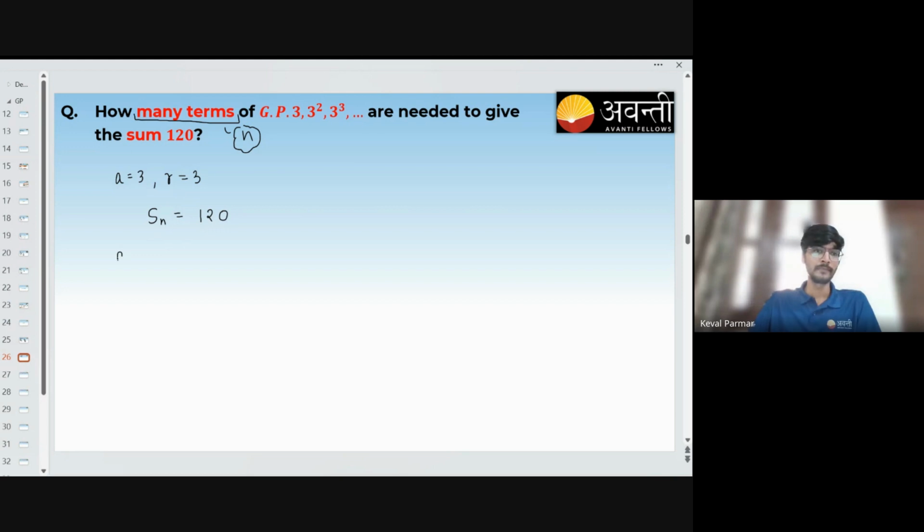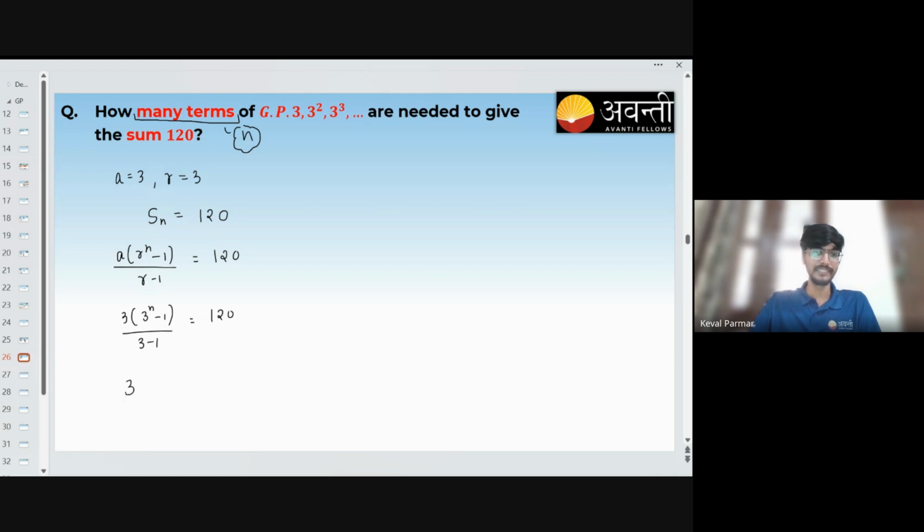What is Sn? A into R raised to the power n minus 1 upon R minus 1. You can use any formula, so I'm using the second one. It is equal to 120. Substitute the values of A and R. So 3 into 3 raised to the power n minus 1 upon 3 minus 1 is equal to 120.